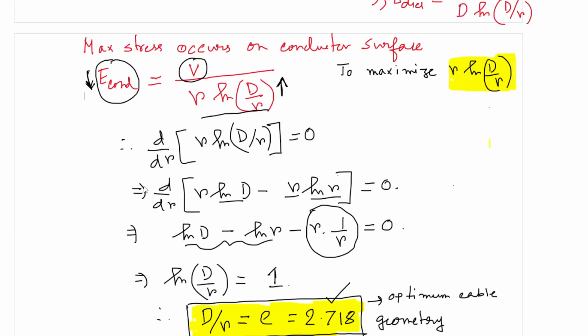So with this I am stopping this part. In this lecture, firstly we have seen the capacitance of an underground cable, a single core cable.